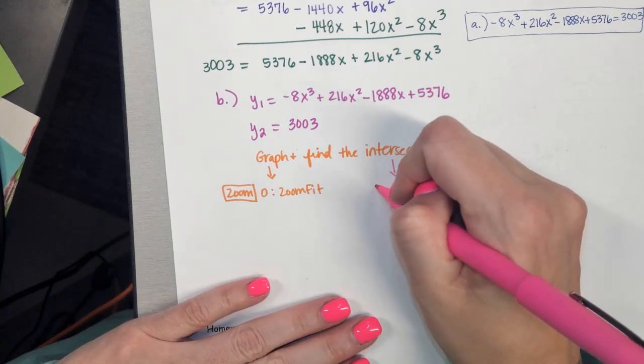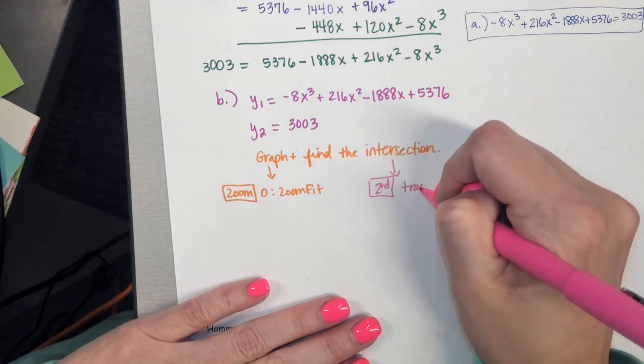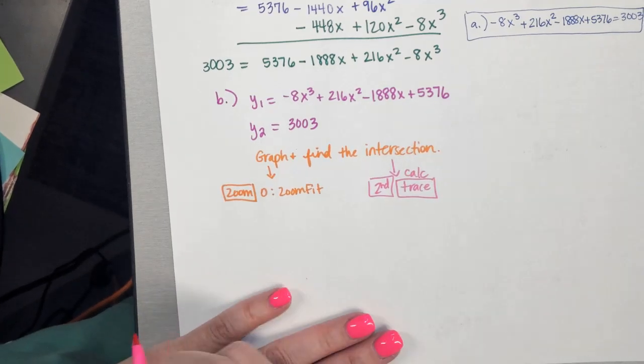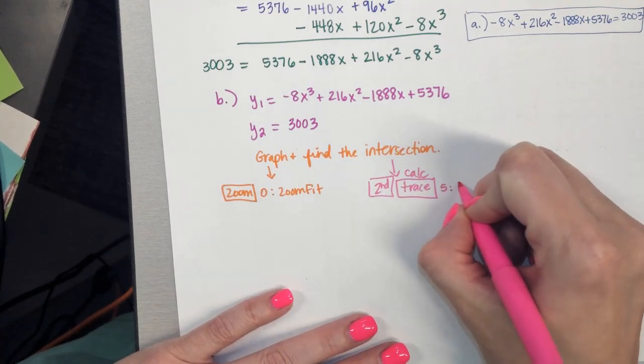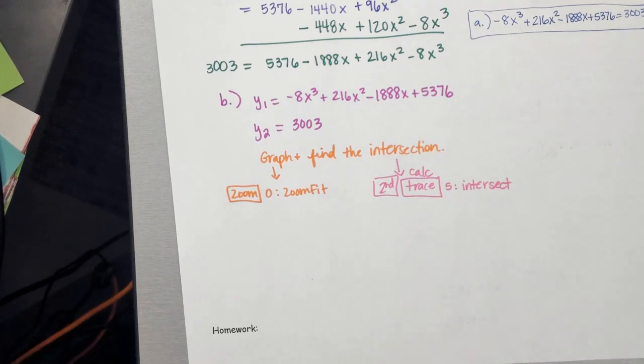To find the intersection, you go to second, and again, you hit the trace button. Okay, and then number 5 is the intersect feature. Okay, your x value is going to be your solution for x.